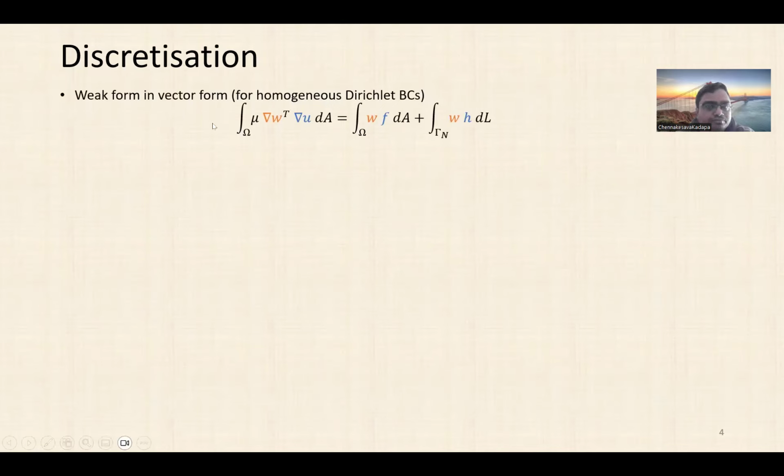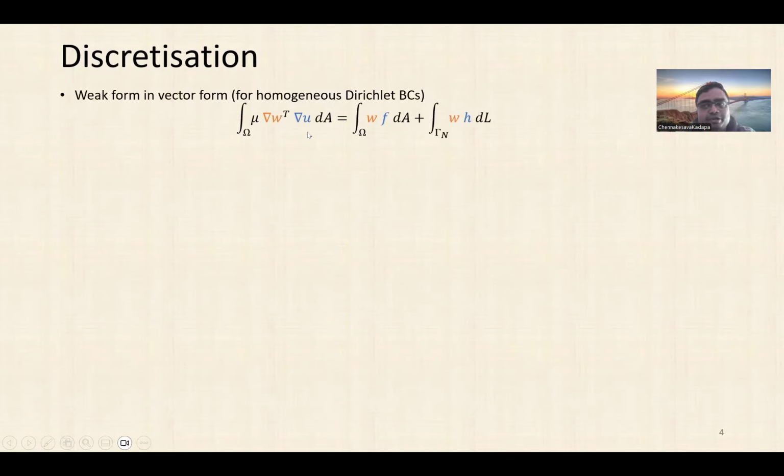Okay. Now this is our weak form, in vector form. Here instead of a dot product, I have a transpose on nabla W. Nabla W is the gradient, so this is a vector, and we need a transpose to get a scalar quantity.